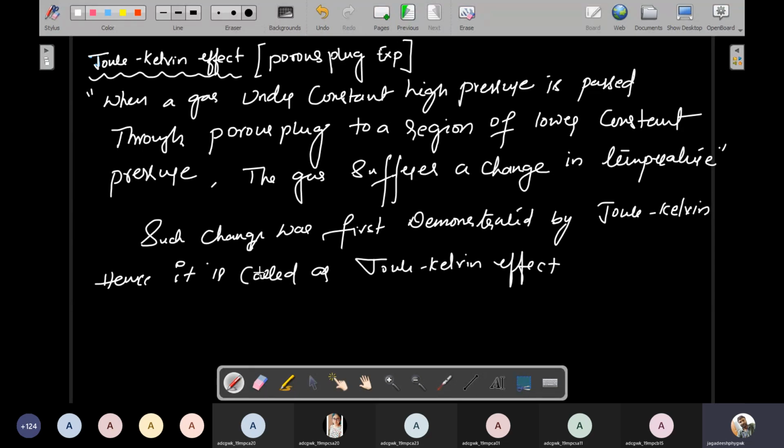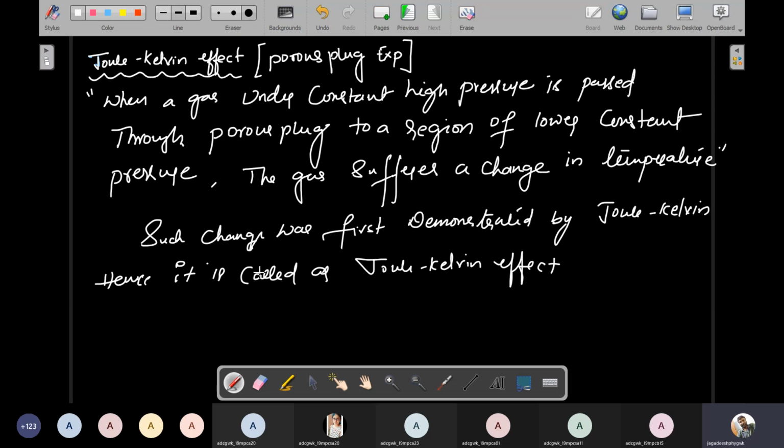I am not explaining this topic briefly because it was already explained in Unit 3, where I explained what the Joule Kelvin effect is and how the change in temperature is determined.